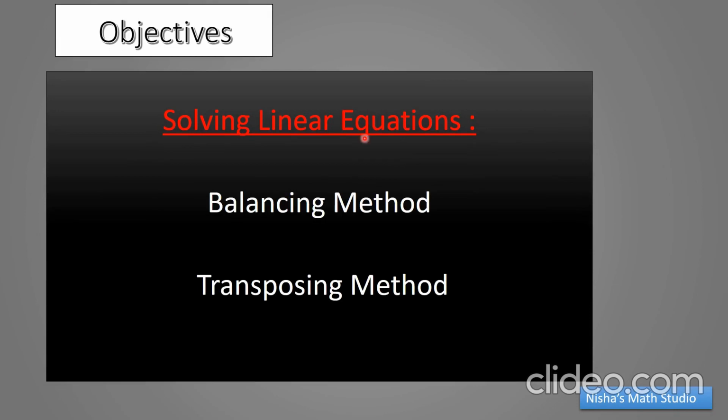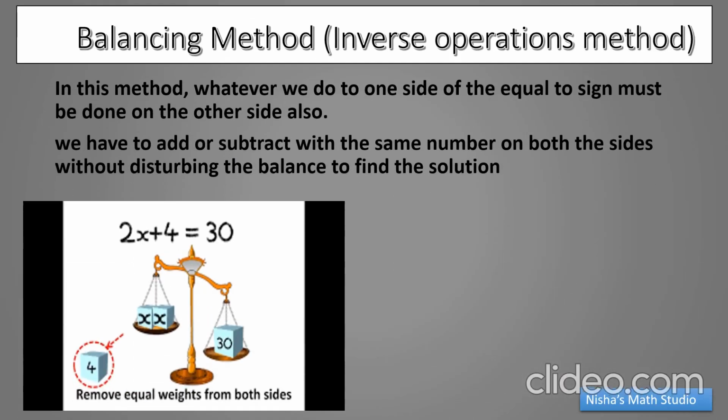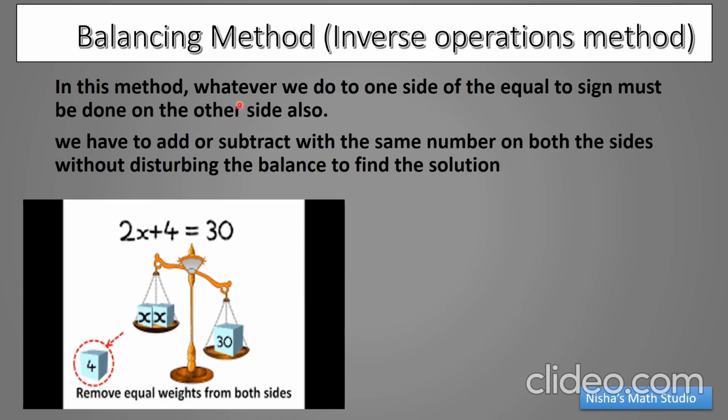In today's video, we'll be learning two methods of solving the linear equation. One is the balancing method and the second one is the transposing method. In the balancing method, whatever we do to one side of the equal to sign must be done on the other side also. We have to add or subtract with the same number on both the sides without disturbing the balance to find the solution.